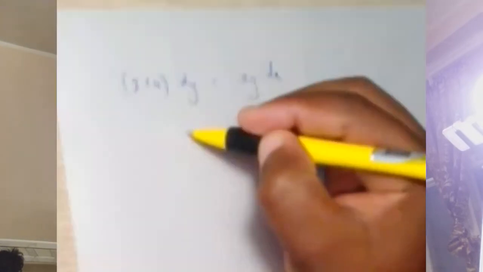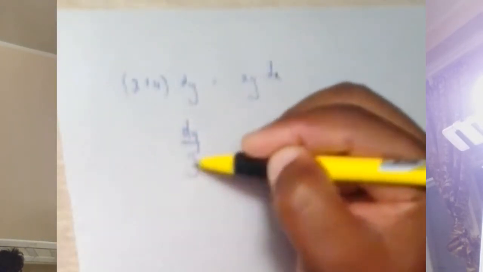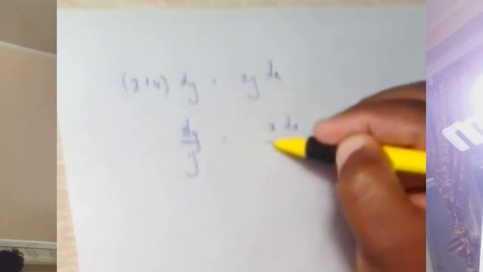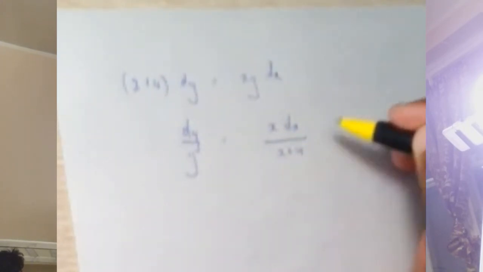Given this kind of equation, we need to split the variables just like we did before, and let's see how we can solve it. This is also another way we can have a differential equation. So on the left side, I'll be left with dy divided by y is equal to x dx divided by x + 4.